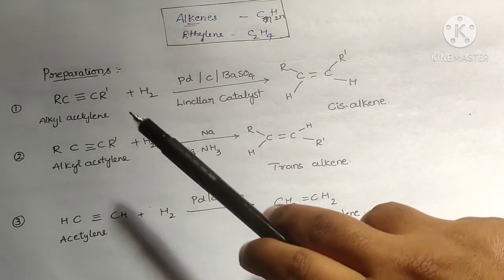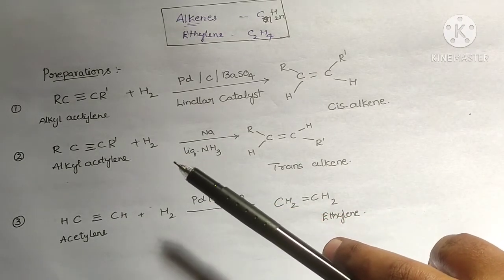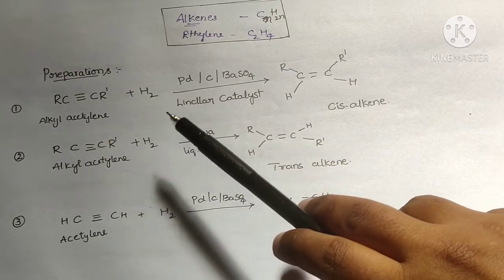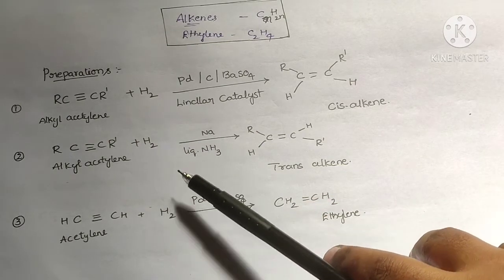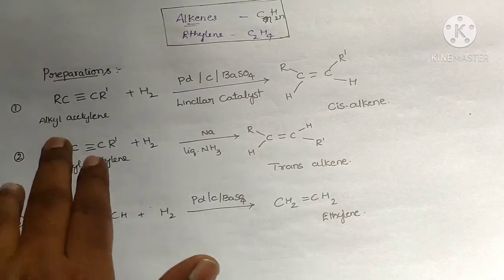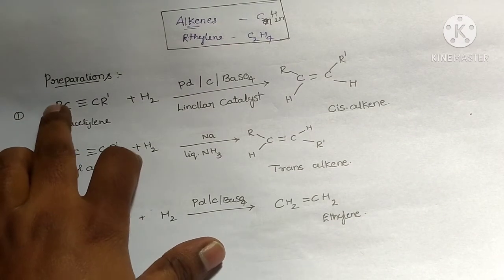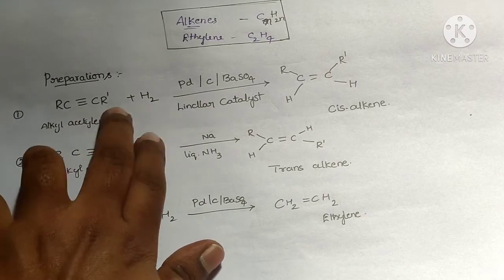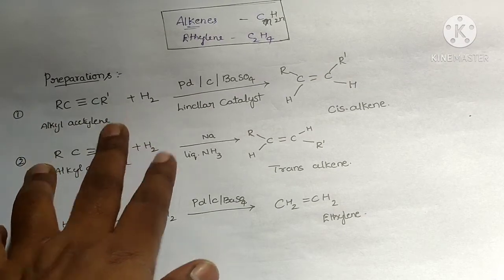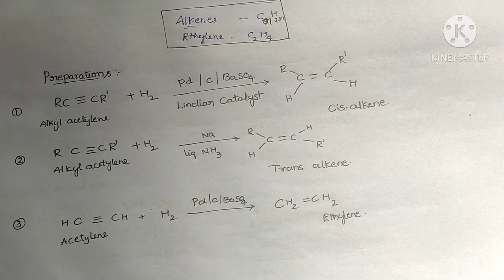Now the first preparation for the alkenes: we should take R-C triple bond C-R dash, an alkyl acetylene. In this acetylene the hydrogens are replaced by alkyl groups R and R dash, which are different alkyl groups.